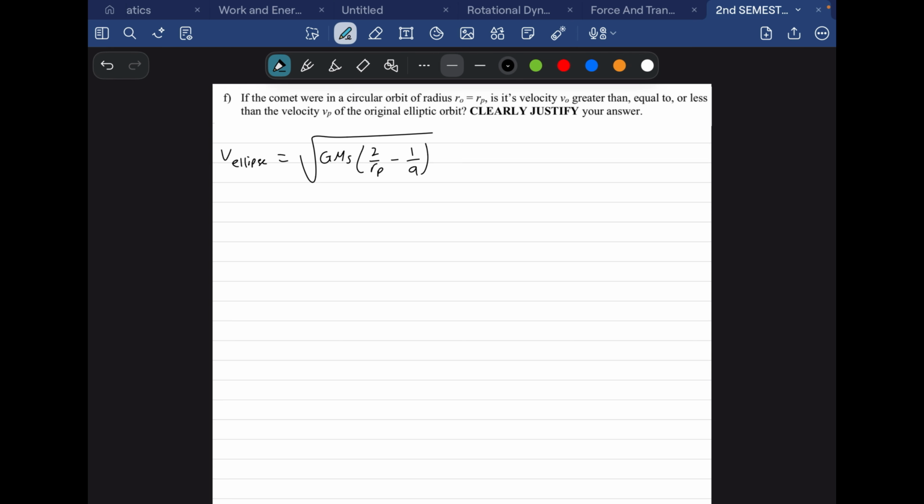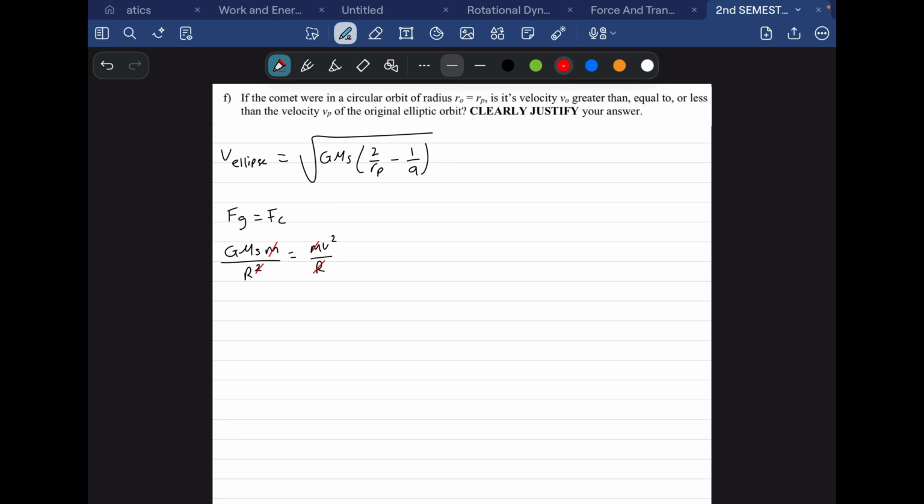Then for v orb, we know that in a circular orbit, F_g is equal to F_c. So this is G mass of the stationary object, or the sun in this case, times mass of the object over r squared, the distance from the center of the stationary object to the object, is equal to m v squared over r. Same thing here, so one of the r's cancels out, and the mass of the object cancels out.